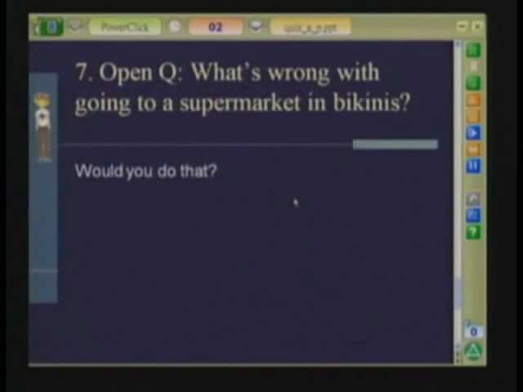What's wrong with going to a supermarket in bikinis? Would you do that? If you go to a beach, okay, and then you need to go and buy something at that point, would you just go ahead and go into the 7-Eleven in your bikini or in your swimming suits? People do have different views about dress codes. I think bikini is really too much. You know, because it's bikinis or swimming suits, they belong on a beach, but not like a supermarket or classroom.